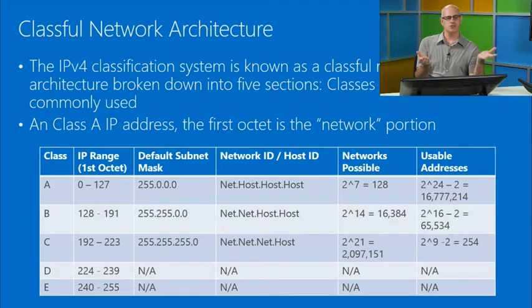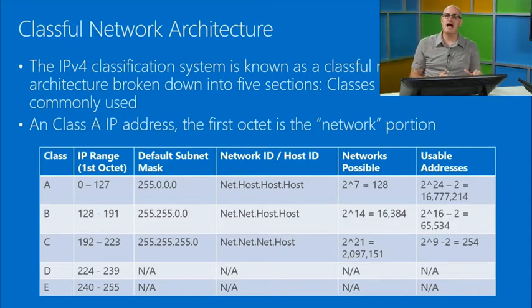So 192.168.0, all our devices are on that network. My specific device is .1. So my network ID is 192.168.0, my host ID is .1. The subnet mask is basically what shows what the IP addressing scheme is, what's the network ID versus what's the host ID. The subnet mask is what differentiates those two.